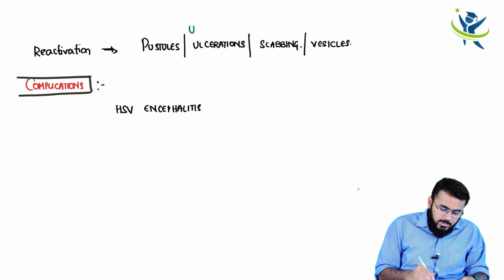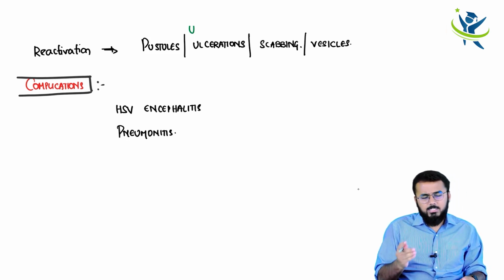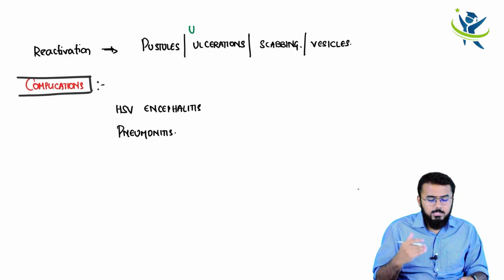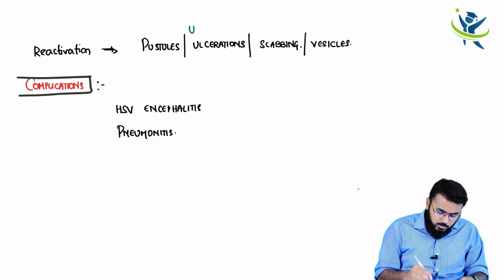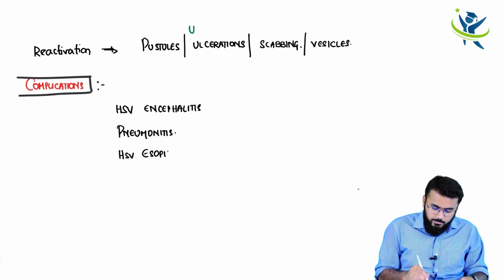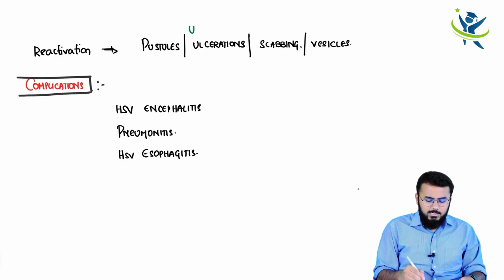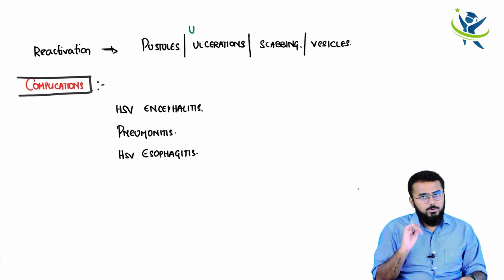So it will even cause pneumonitis. So only three complications: HSV encephalitis, pneumonitis, and HSV esophagitis. These are the three important complications which you need to remember. Okay, fine. How will I diagnose?